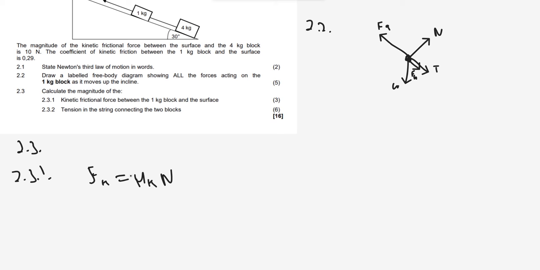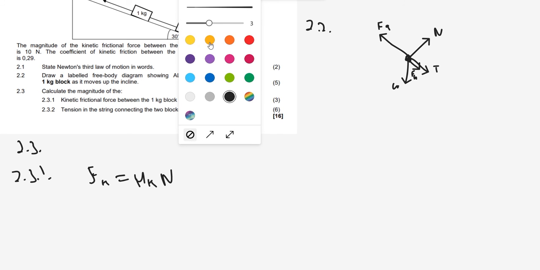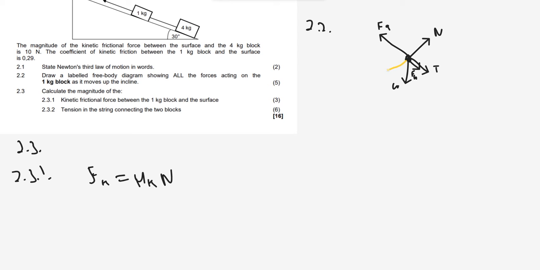And then we have the coefficient of kinetic friction for the 1 kg block. It is 0.29, and this is our normal force. Our normal force is equal to weight perpendicular. This is our weight perpendicular, and then we have weight parallel.